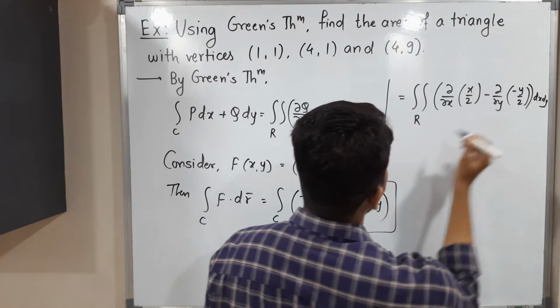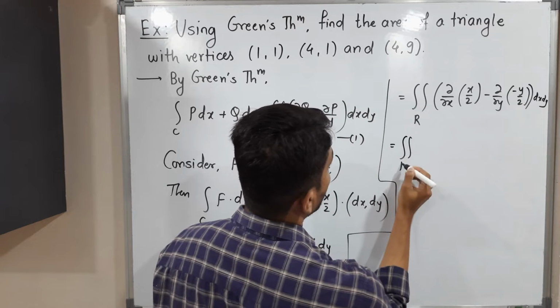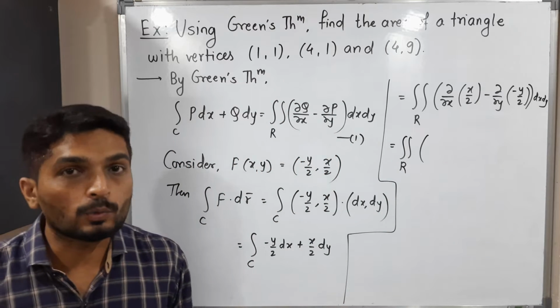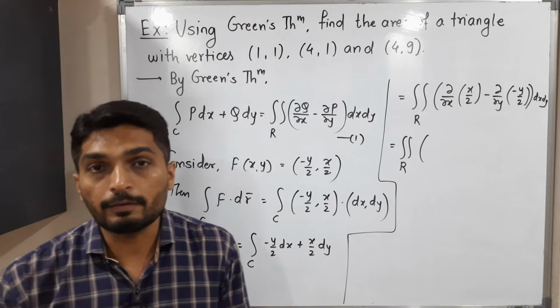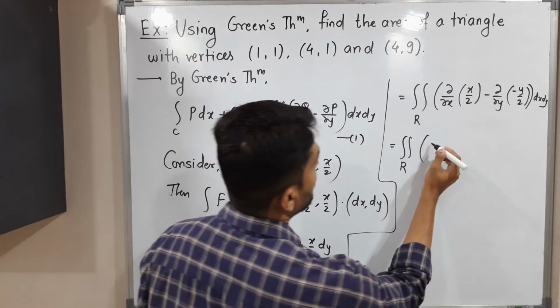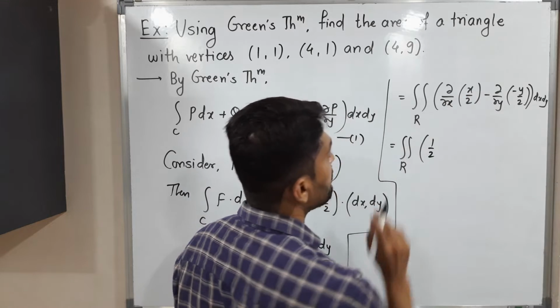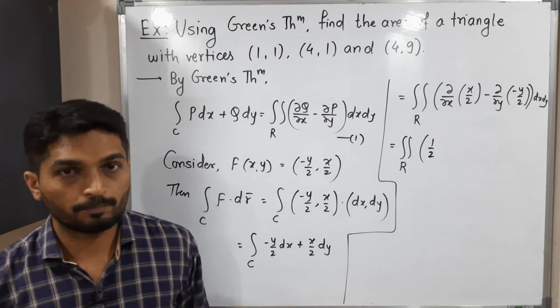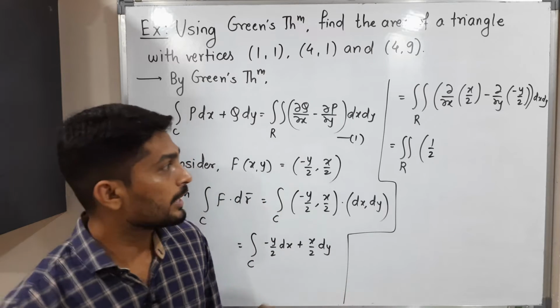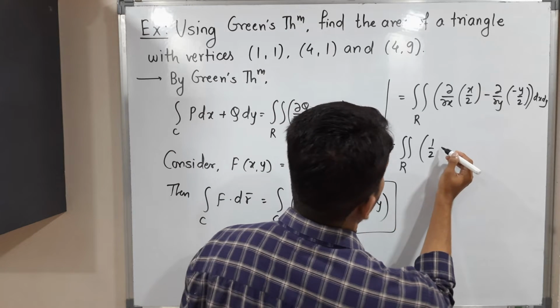Let us simplify it further. Double integration over R. Here 1 by 2 is a constant, so it will come outside. You know that when we take a derivative, if there is any constant, we take it outside. So simply we have to take the derivative of x, and the derivative of x with respect to x is 1. So 1 by 2 into 1 is 1 by 2.